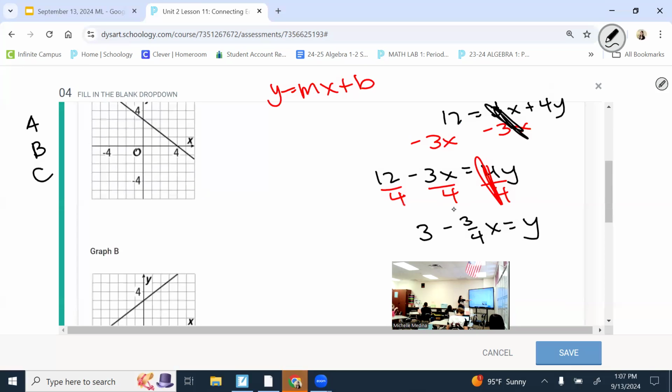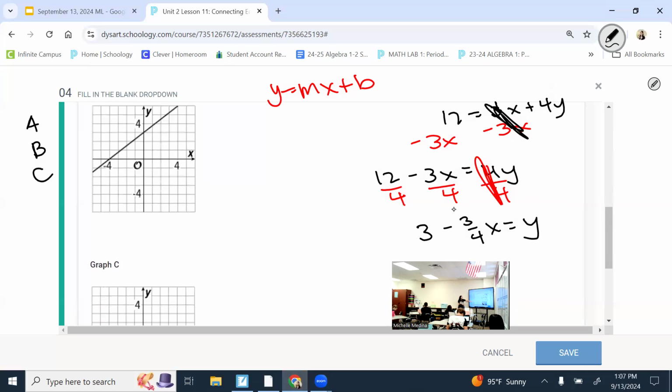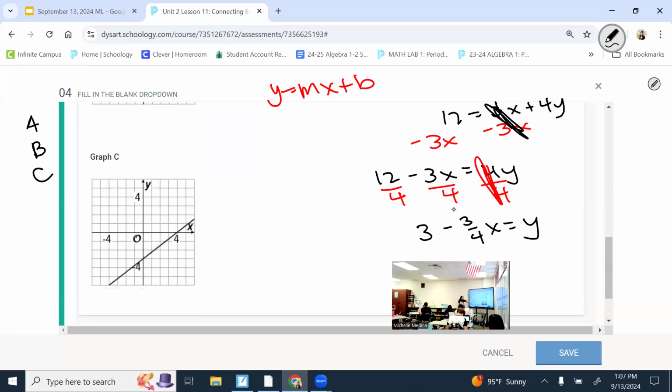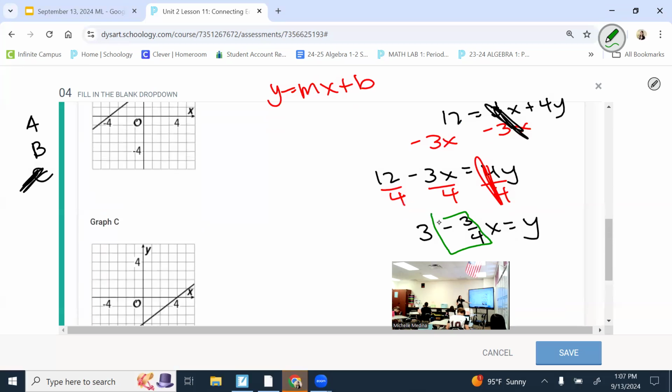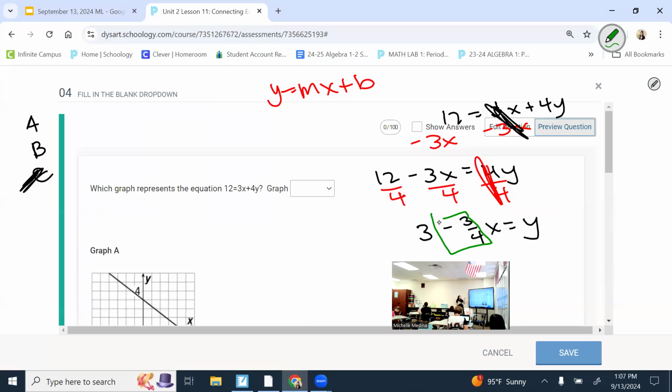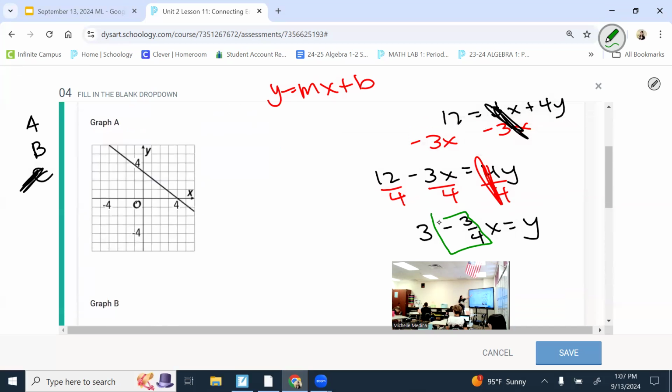We can rule out graph C because graph C doesn't have a y-intercept of 3, right? So between A and B, we want the one that has a slope of -3/4. So also, if it's a negative slope, it'd be going down from left to right.